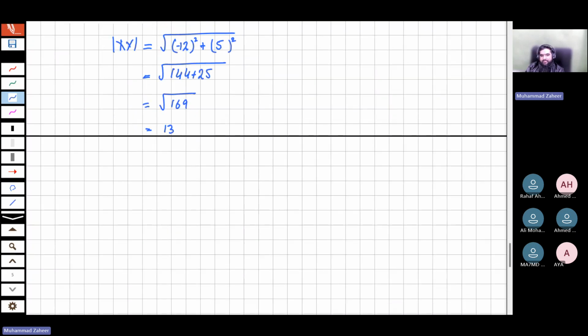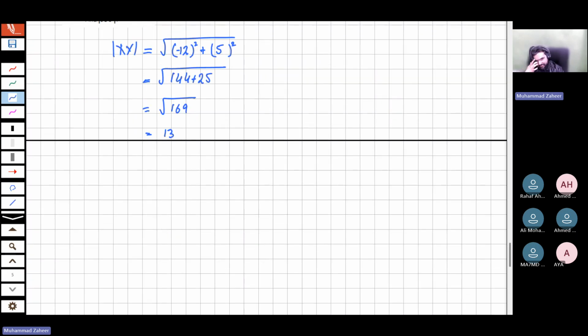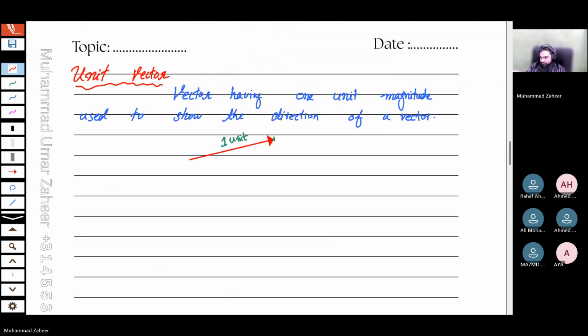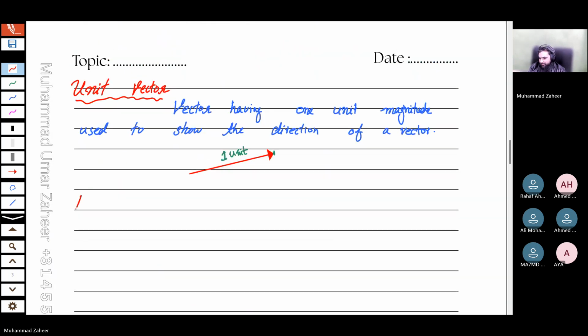The next thing, for example, if the examiner is going to give you any vector and he says that you need to find the unit vector. Now, how can we find the unit vector?